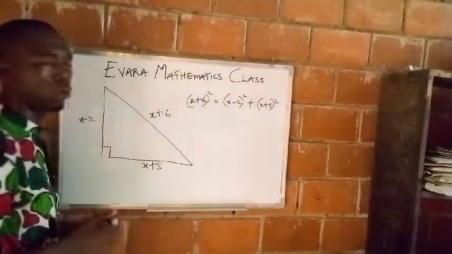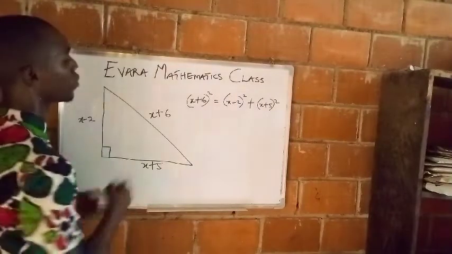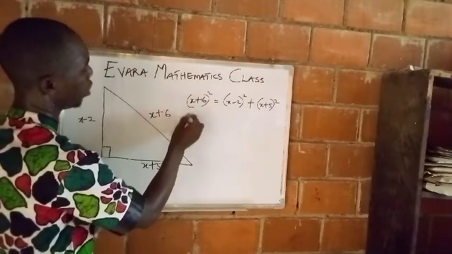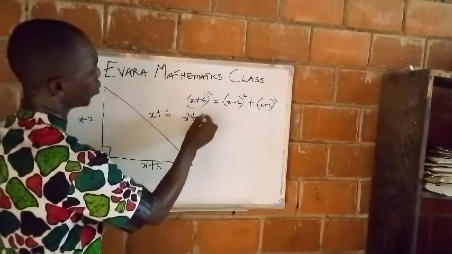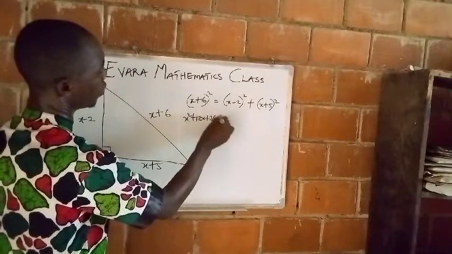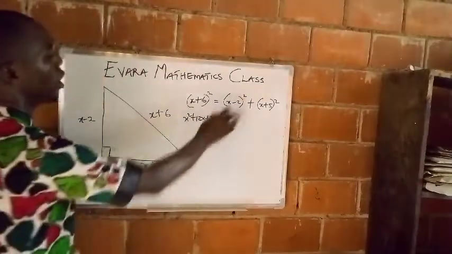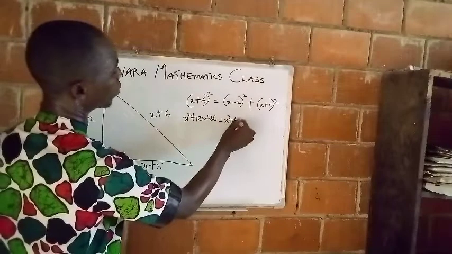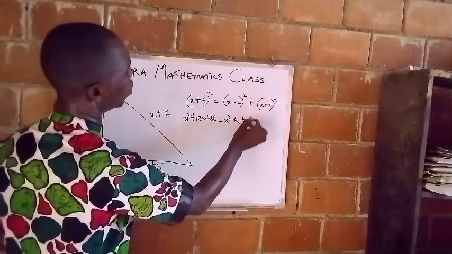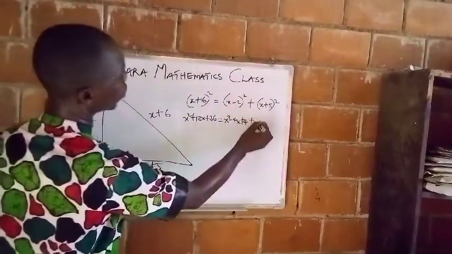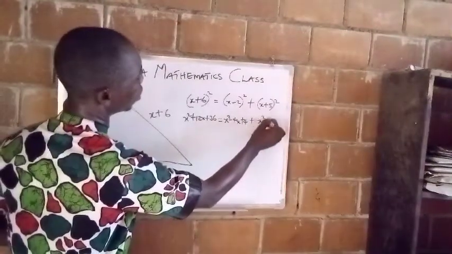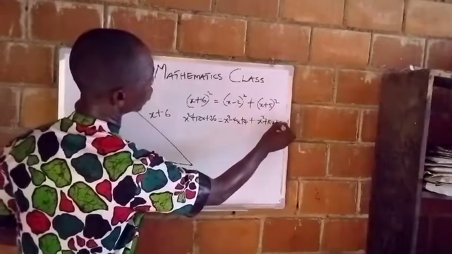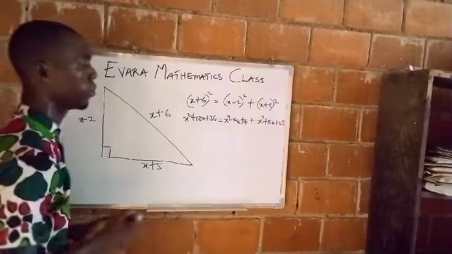So if we open the bracket, x plus 6 squared will be x squared plus 12x plus 36. x minus 2 squared will be x squared minus 4x plus 4. Then x plus 5 squared will be x squared plus 10x plus 25.